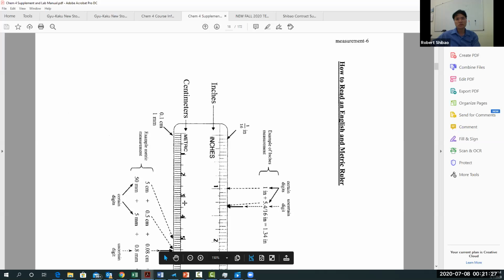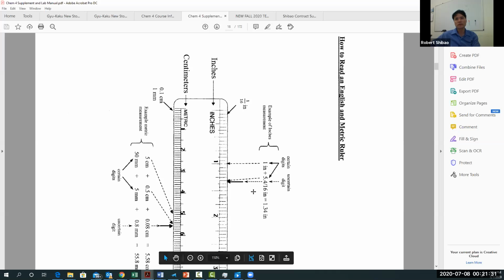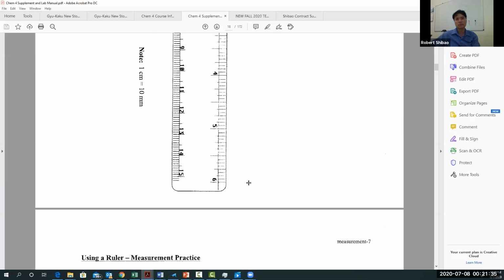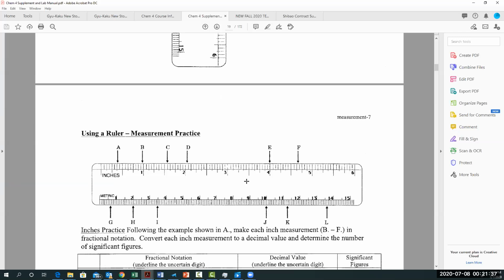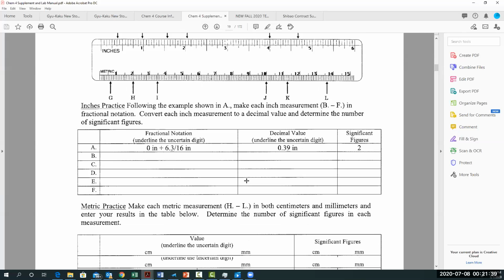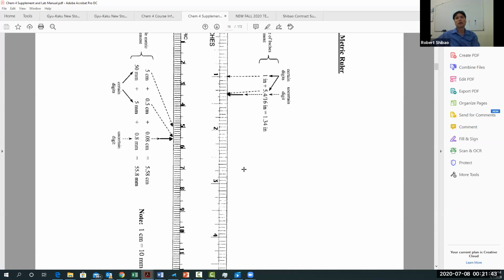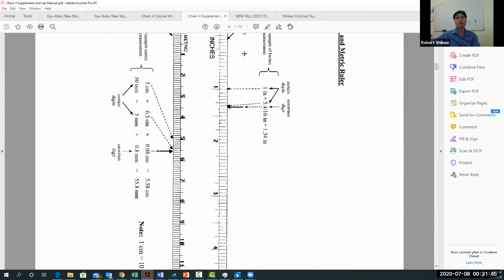Here's measuring inches. Measuring millimeters and centimeters is easy, but when we measure inches, how do we deal with uncertainty there? I do it a little bit differently than your book does it. Let's look at this one, for example.